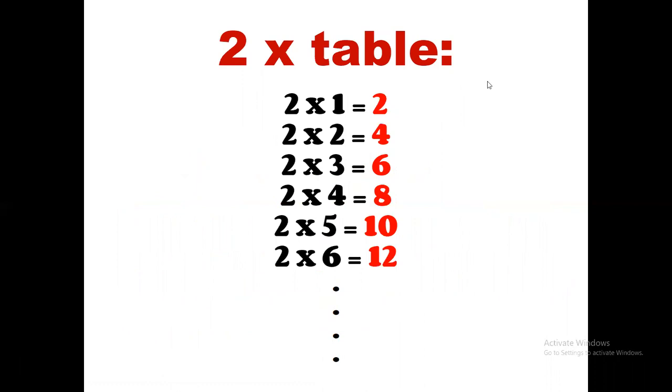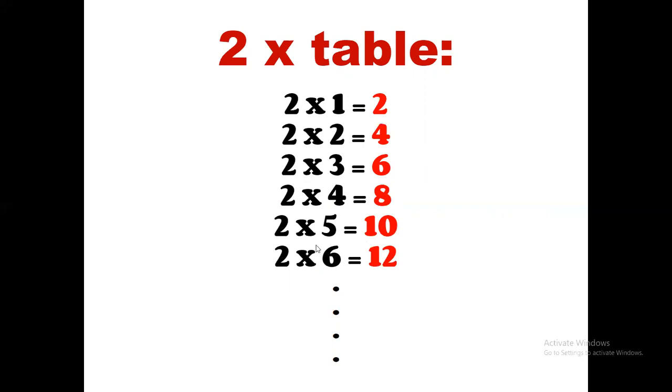Over here, consider any table. I have taken the 2 times table. You know very well what the basic function of multiplication is. Multiplication is a shortcut to addition. As you are moving further, you can notice that you are moving from smaller to bigger numbers.